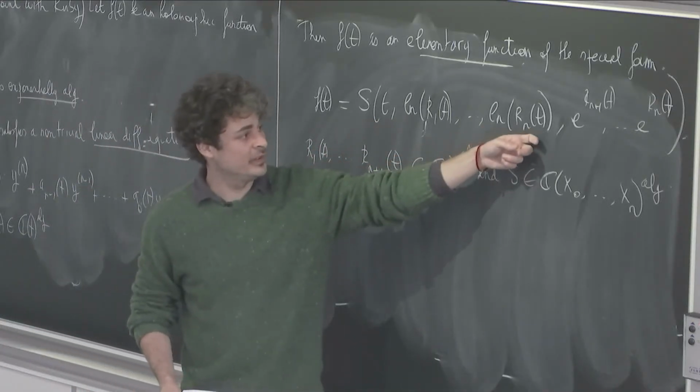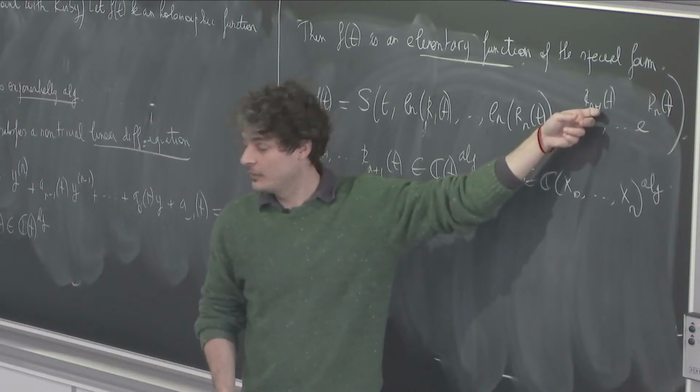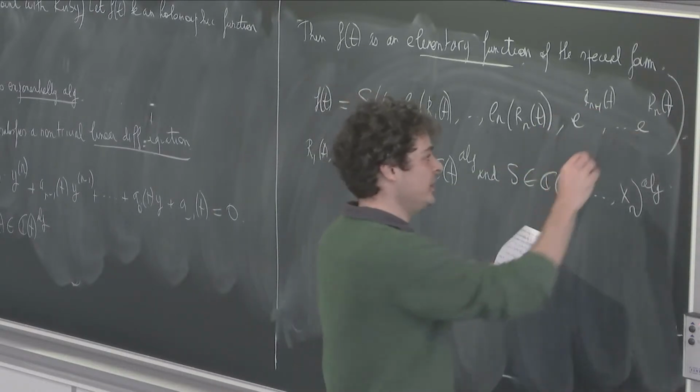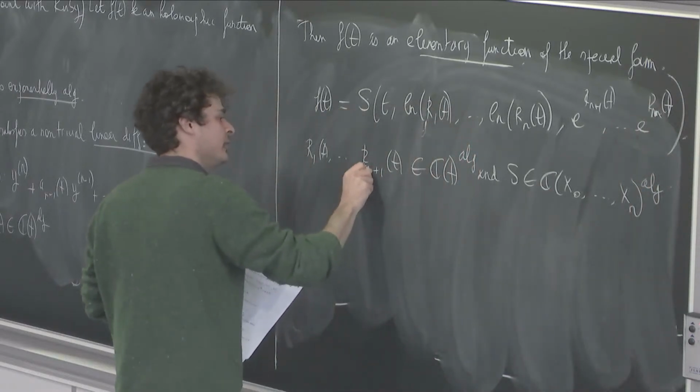Logarithm of R_n of t, yes, and then e to the power R_{n+1} of t, till e to the power R_m of t. Okay, so I should put m's here.